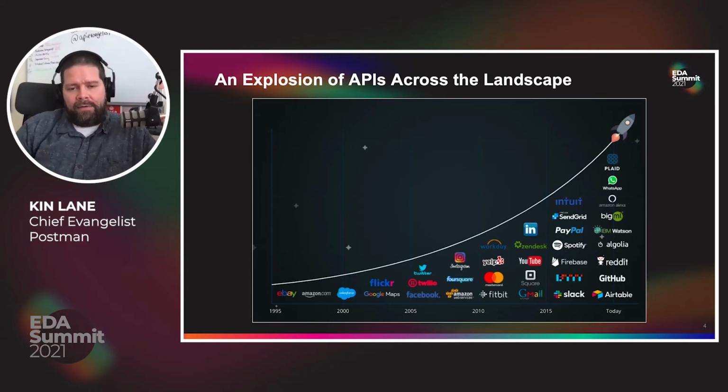Fast forward a couple of years, you've got Flickr, Google Maps, Twitter, Facebook, all these social platforms realizing the potential of using APIs to deliver content to partners and affiliates and other things and making things more social.